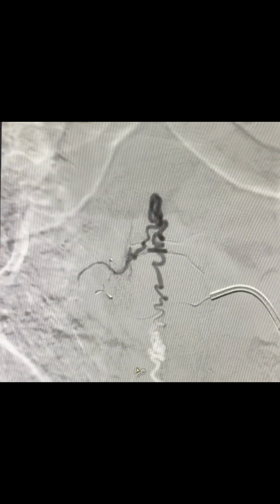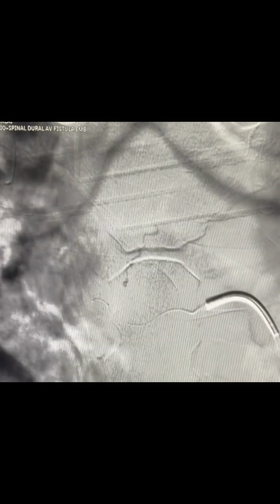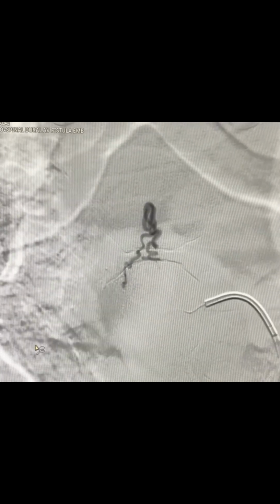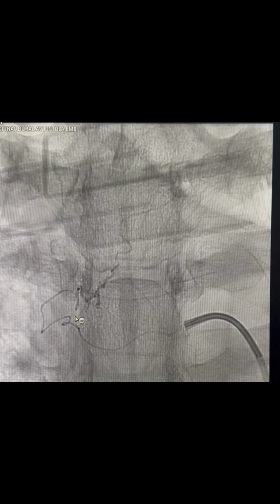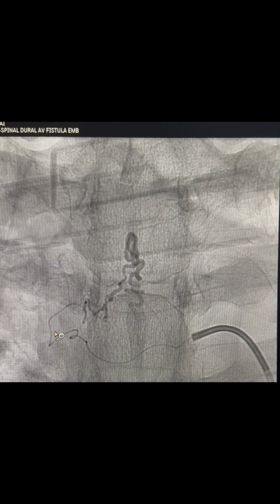Because looking at this angiogram, I decided that that amount of dilution will be good for me, and that's where I started injecting under roadmap guidance. You can see that under this roadmap guidance we are injecting the glue, and finally you can see the glue cast.